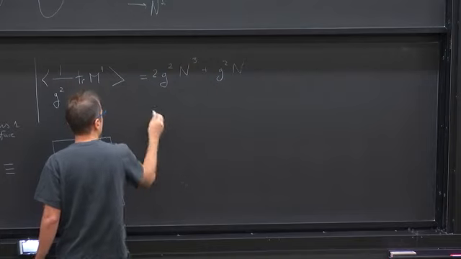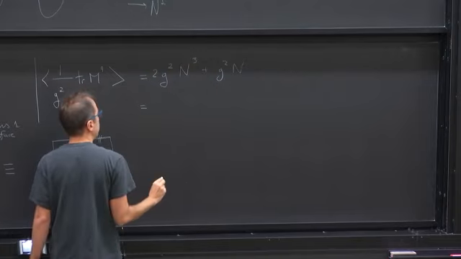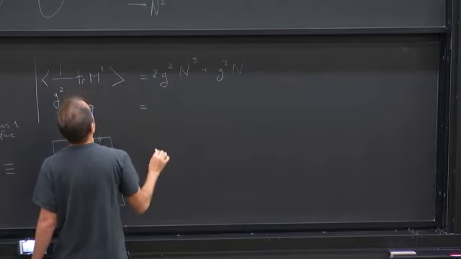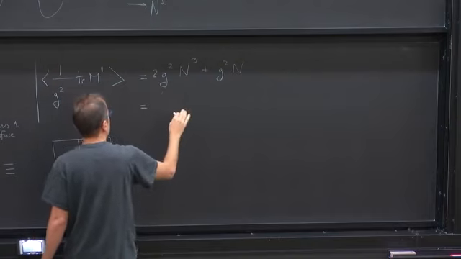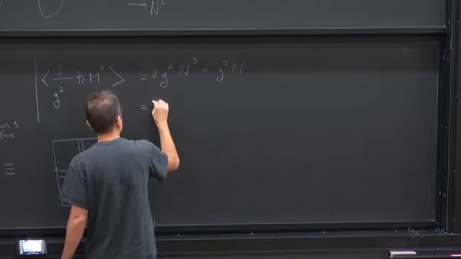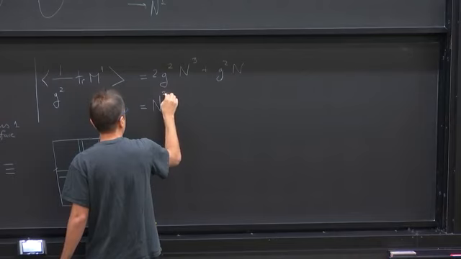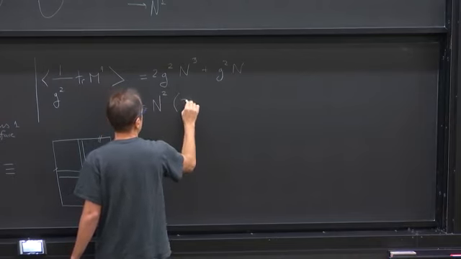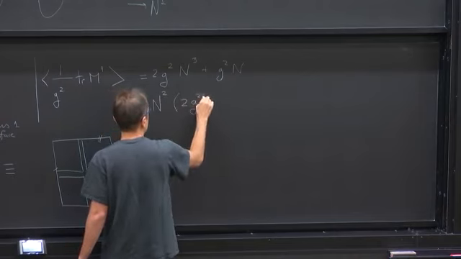That was the result. But let me rewrite this, knowing the 't Hooft coupling is what we wrote up there, as n squared times 2 g squared n plus g squared n.